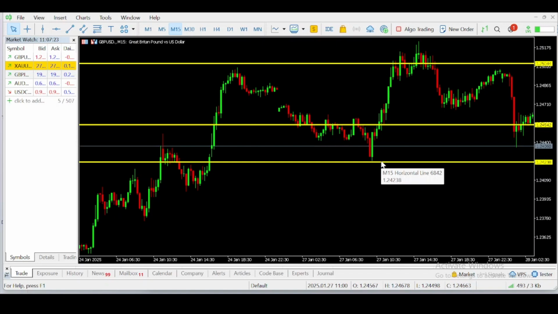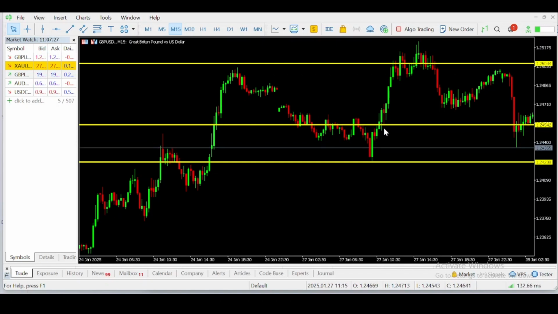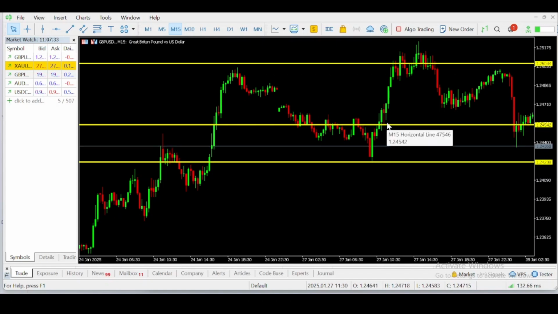The second step is to determine the difference. Okay, determine the difference between both prices. All right, so what you're going to do is to subtract this from your entry price. Whatever you have, you are going to convert that to pips.